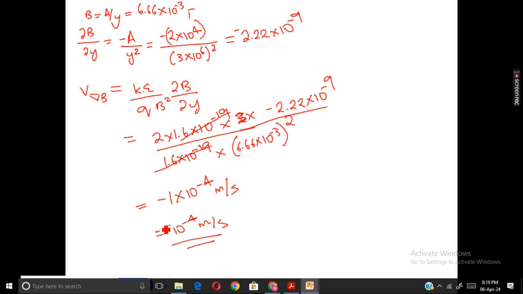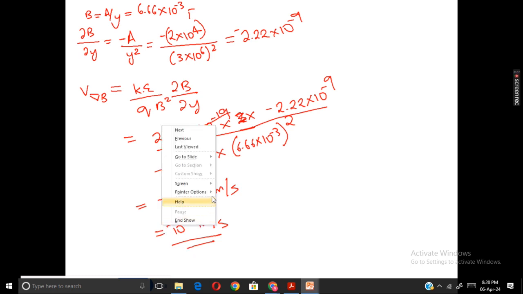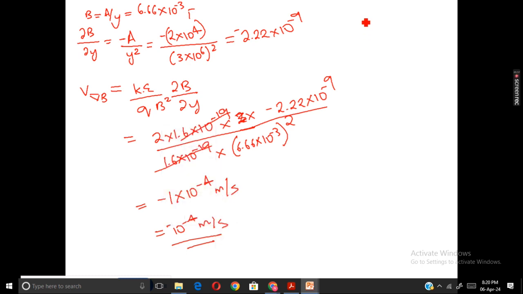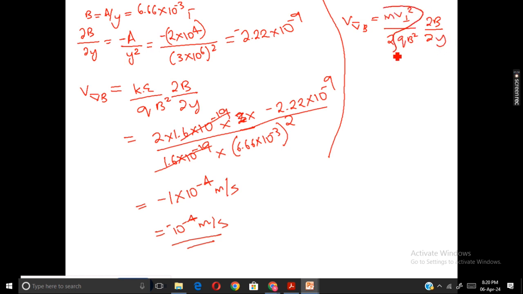So from the basic equation, we substituted. This was the basic equation, which is m v perpendicular square by 2 q B square into dou B by dou y. Here this term, which is basically half m v square, is the kinetic energy of the particle.